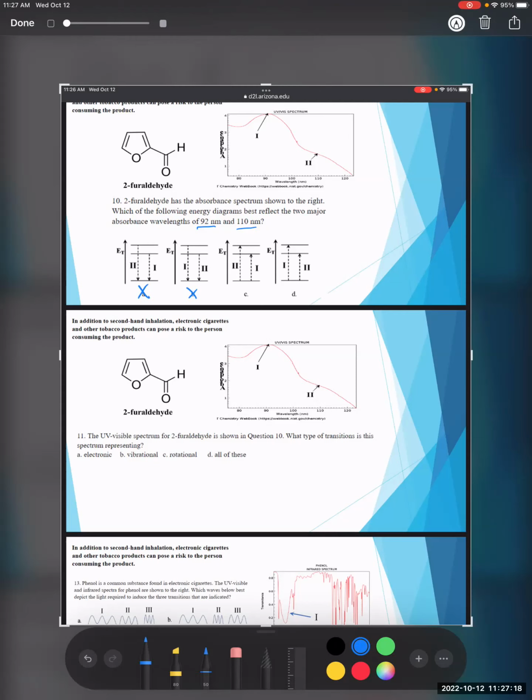When it comes to the first peak over here, indicated by 1, it has a lower wavelength. Shorter wavelength means higher energy. And that means that the transition 1 or the peak 1 should correspond to a higher energy transition. If you look at option C and D, in only D, we have a higher energy transition for 1.